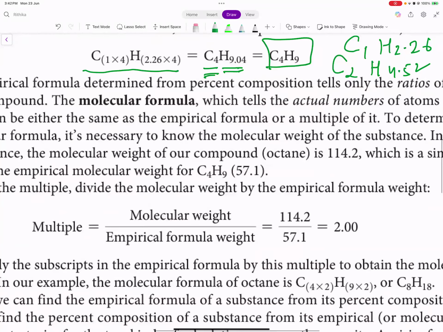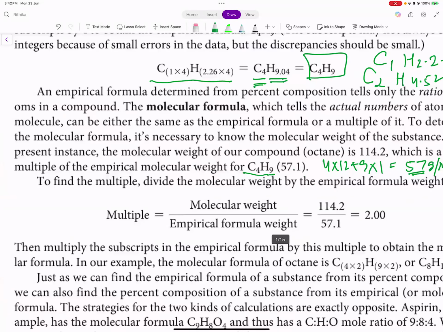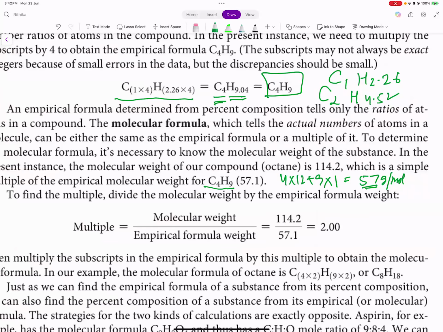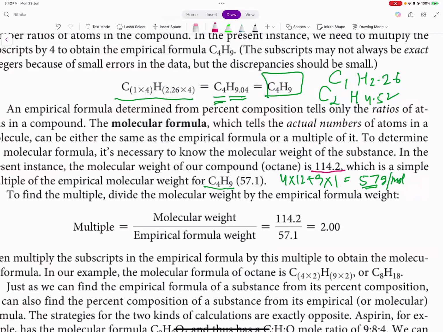Now, what is the empirical formula mass? If you see, 4 carbons are there, so 4 into 12 plus 9 hydrogens, 9 into 1.008 approximately. So it is approximately 57 gram per mole. Now, suppose we are given that the molar mass is 114.2.